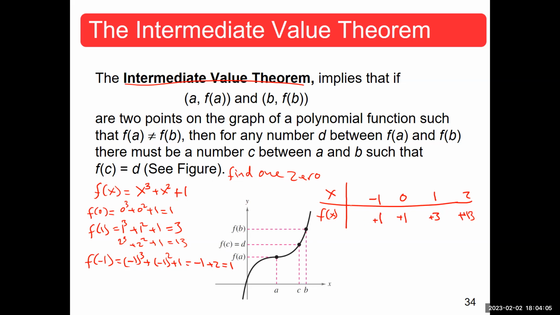Let's try negative 2. f(negative 2). Negative 2 to the power 3. Remember, an odd power will keep the sign, will not change it. An even power will make it positive. Negative 2 to the power 2, plus 1. This one is equal to negative 8 plus 4 plus 1. Oh, we got negative 3.